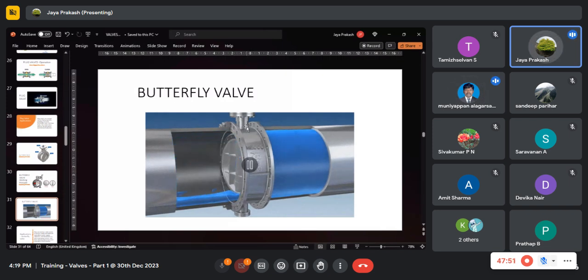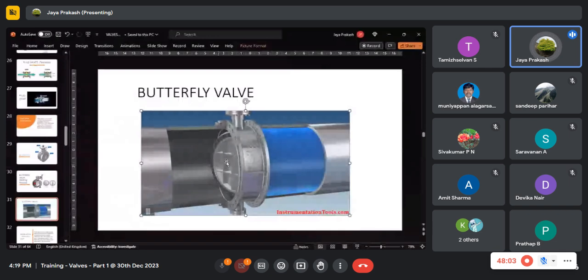In a double offset valve, you will have the disc offset either this side or that side. Offset to the valve means if this is the valve, this is the center line, right? Yes, sir. You will see in this double offset butterfly valve the disc is offset. The disc will not be exactly at the center of the valve.